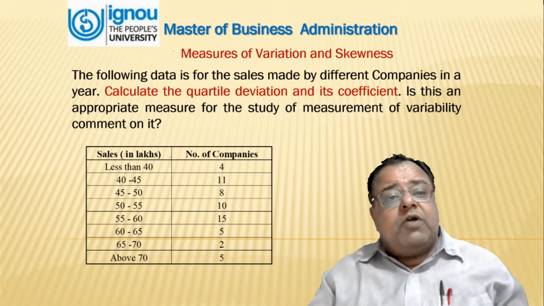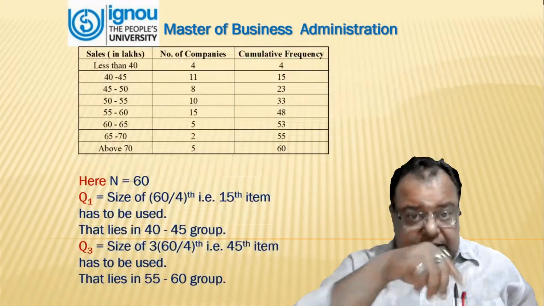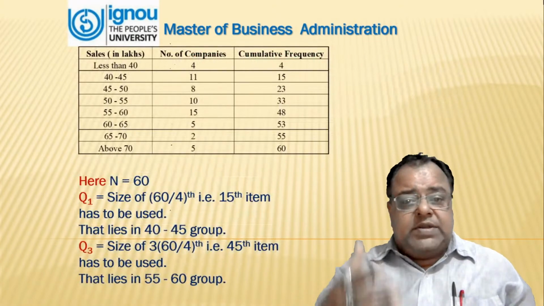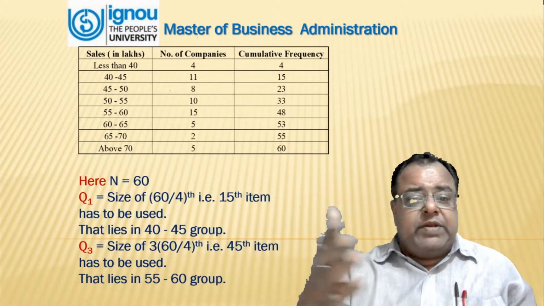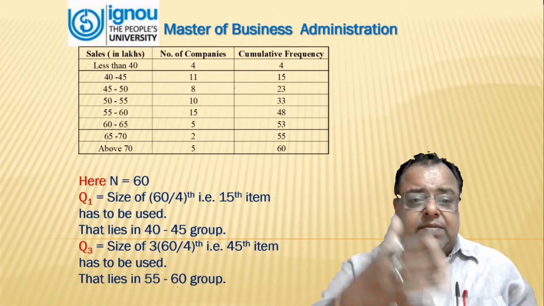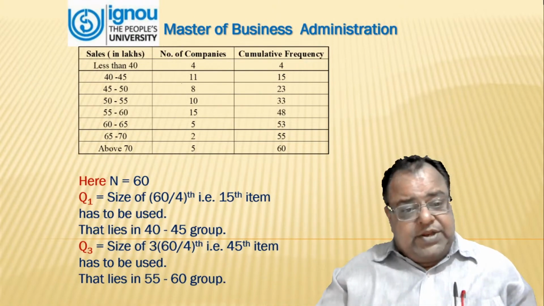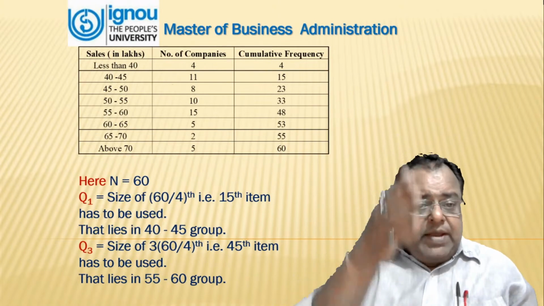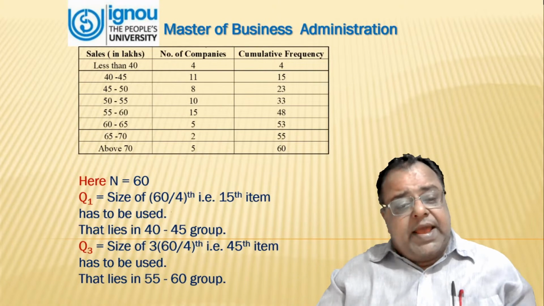So what we will be doing is the cumulative frequency. As discussed, cumulative frequency is calculated as 4 in front of 4, 4 plus 11 is 15, 15 plus 8 is 23, 23 plus 10 is 33, and so on until we reach 60. If we sum up the number of companies, it will be 60. Here n is 60.